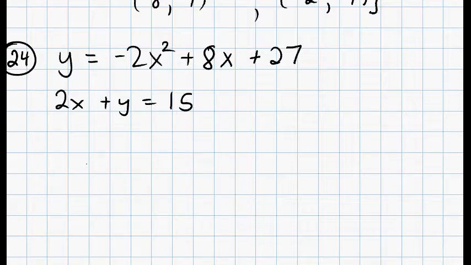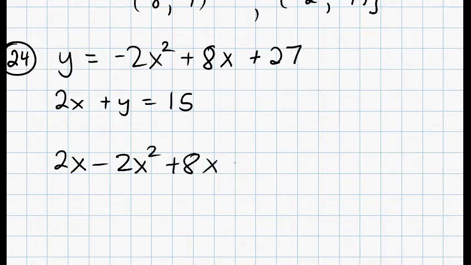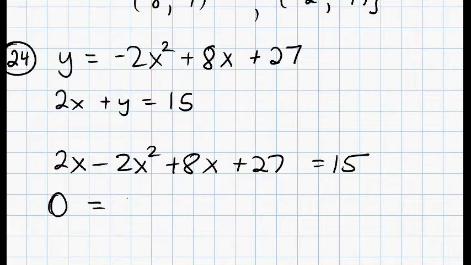Welcome back. So when you substitute it in, you end up with a negative x squared term, which I don't like, so I'm going to move everything to the right-hand side. So I have 2x squared. 2x plus 8x was 10x, so minus 10x. 15 minus 27 is negative 12.